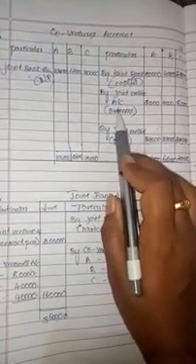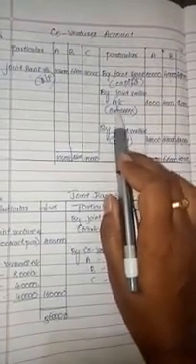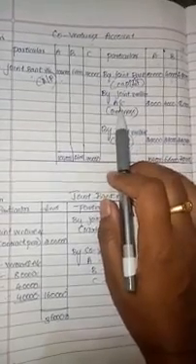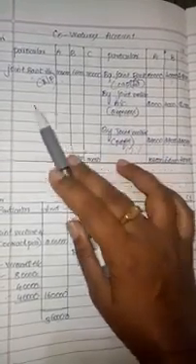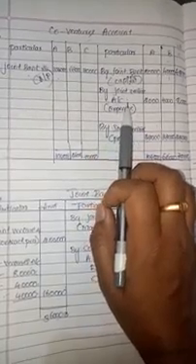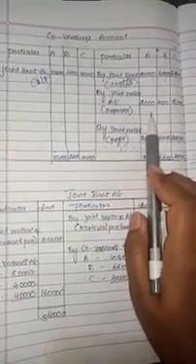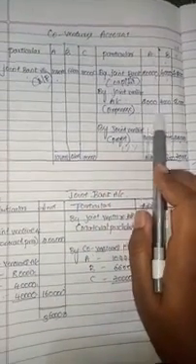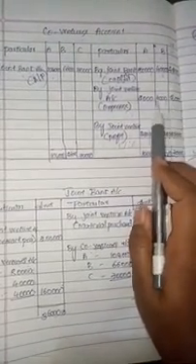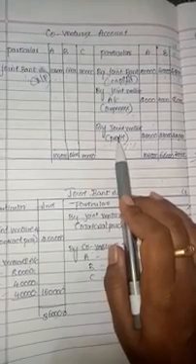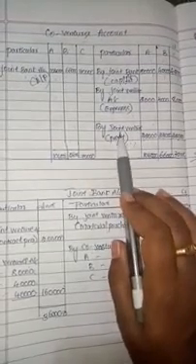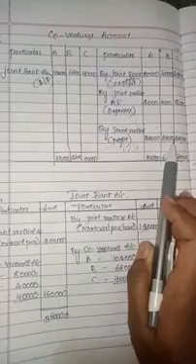Any expenses paid by a co-venturer are debited in the joint venture account, so here it will be credited: architect fees paid by A, sundry expenses paid by B, cement expenses paid by C. And the profit you get in the joint venture activity will be credited to the co-ventures account, 22,000 each.